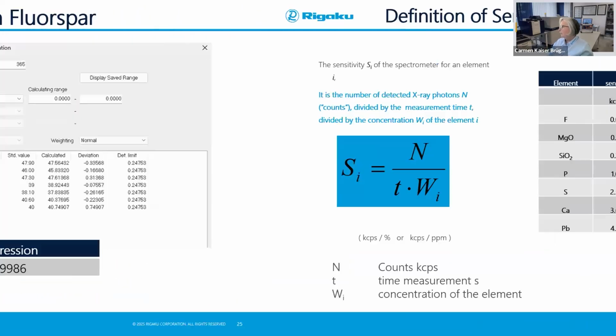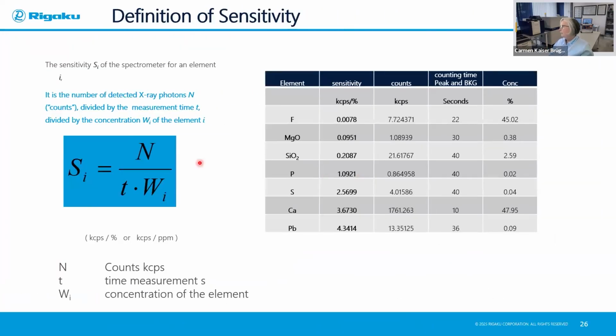So in the next slide, I try to show you how we can calculate the sensitivity for fluorine, okay? Here you can see the equation that we used. The sensitivity of the spectrometer for that particular element is calculated by taking the number of detected X-ray photons that we get and dividing it by the measurement time that we have taken, multiplied by the concentration of that element.